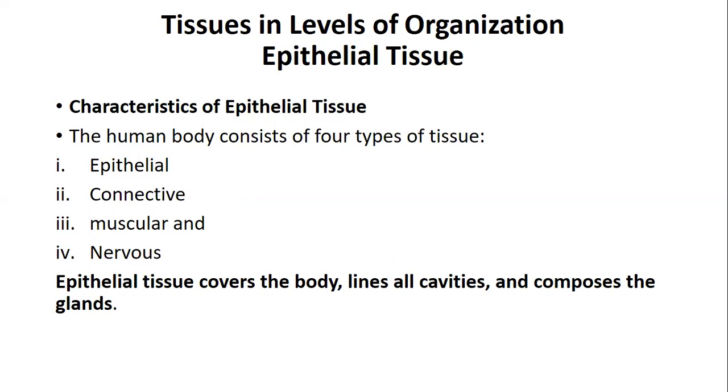Okay? If you want, you can just put a mnemonic to say tissues are made up of these letters. You can actually make a word out of them so that they're easy to remember.